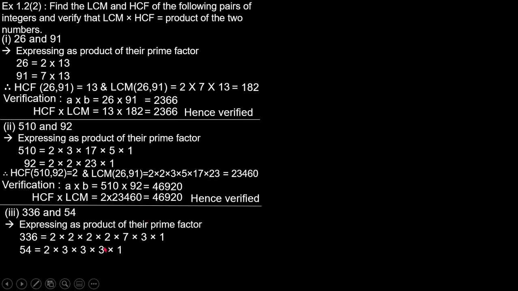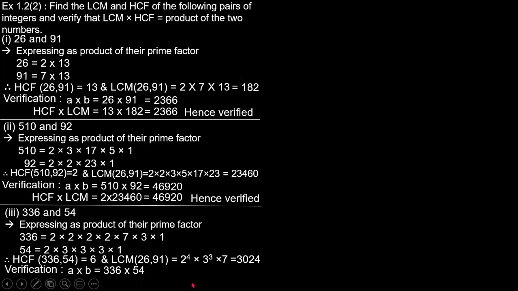So 2 is common, then 3 is common, so 2 into 3 will be 6. For LCM, 2 four times, 3 three times, and one 7. So the answer is 3020. You can also verify that in a similar manner. Carry out A into B, and HCF into LCM, and it will be the same.